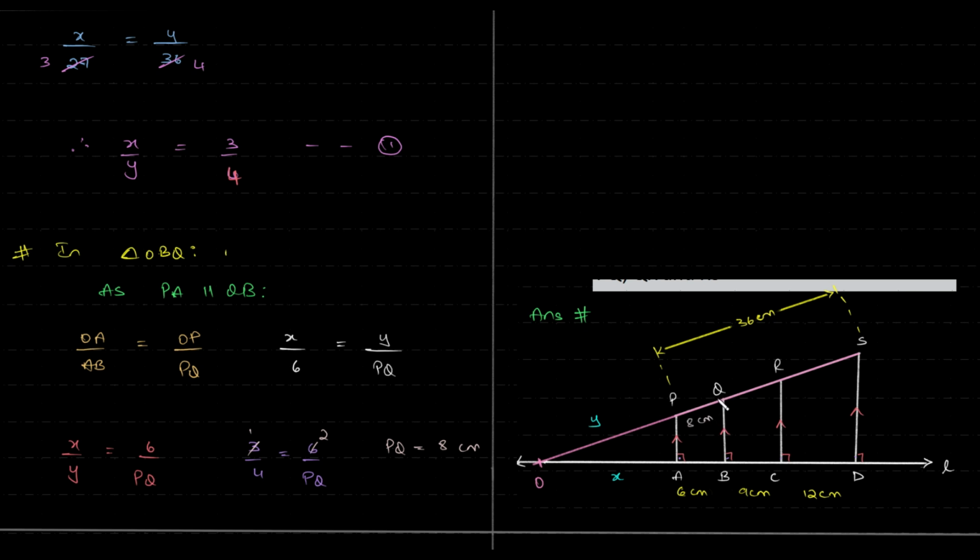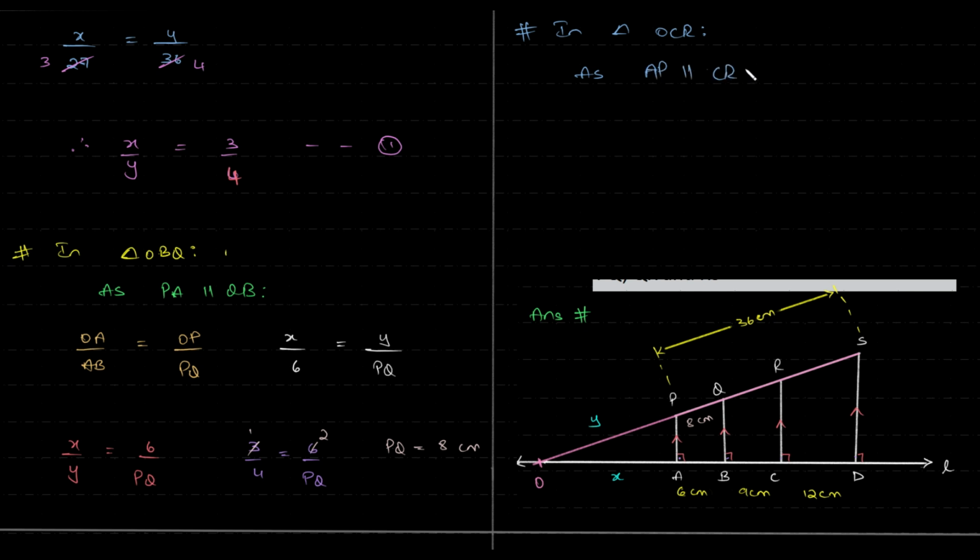Next we have QR. How will you find that? Quite simple again. Let me take this color. In triangle, what should we consider? OCR. As we can take the same thing, OAP being parallel to CR, as AP is parallel to CR.